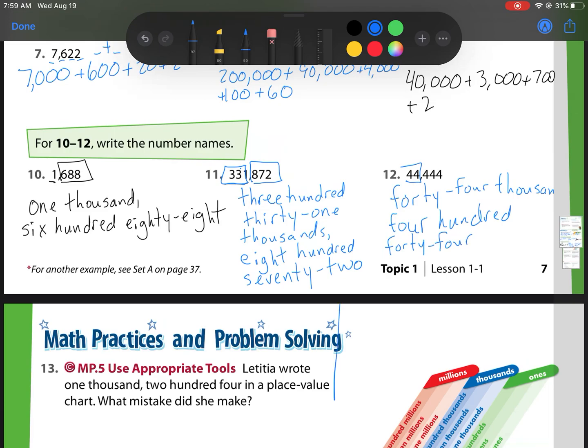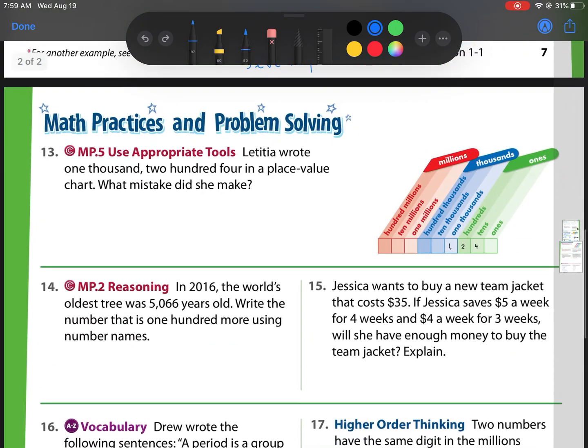Okay, so now we just have these ones to practice at the bottom, which are some word problems. So we're going to think about what it's asking us for each one. So here it says, Latito wrote 1,204. So notice it doesn't say 40, it just says 4. So that means there must be no tens in a place value chart. What mistake did she make?